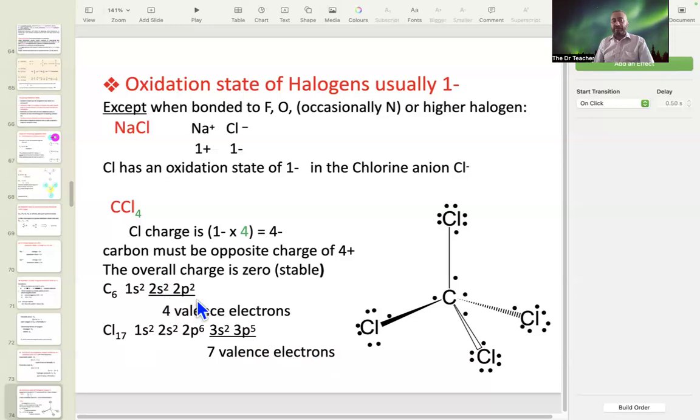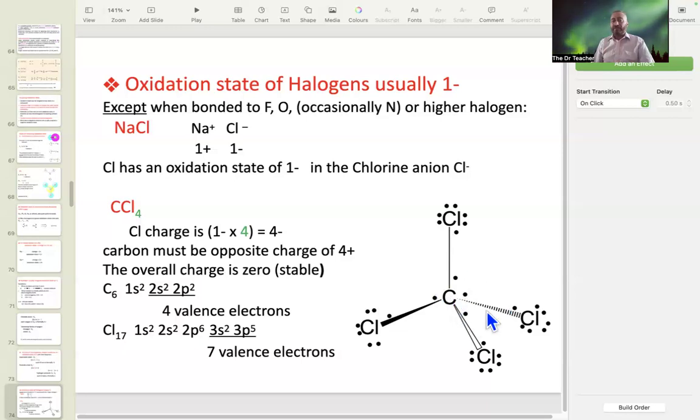So the carbon needs 4 chlorines, and the structure here is tetrahedral, and you can see 7 electrons for the chlorine: 3 lone pairs, 1 single electron, and here the same. So the single electron will gain 1 electron from the carbon. The carbon is very stable, you know. In nature, it is stable and has 2 oxidation states, +2 and +4.